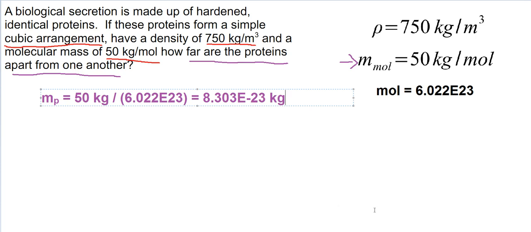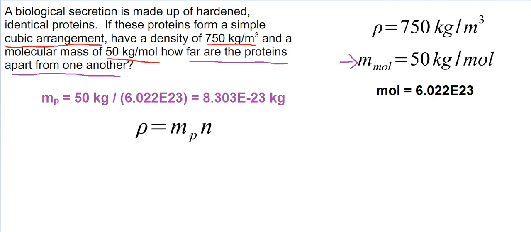Now, this is rather useful because if we are looking for a physical measurement here for how far the proteins are apart, we can usually, given that we know they're in a cube, relate the distance things are apart to the volume of a cube. And the volume of the cube is directly relatable to n here, the number density.